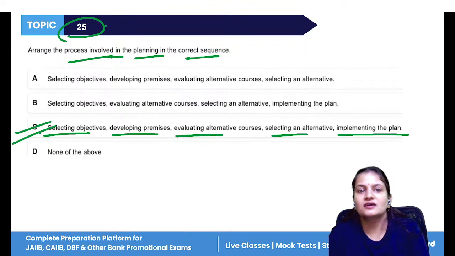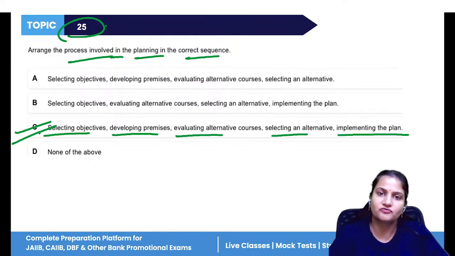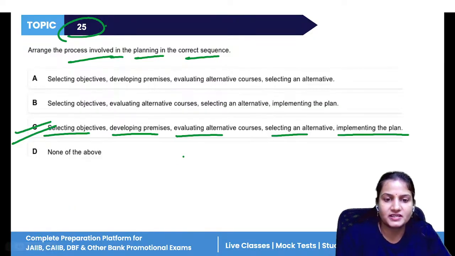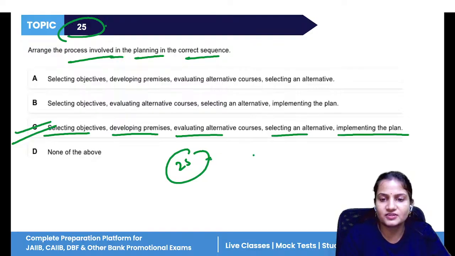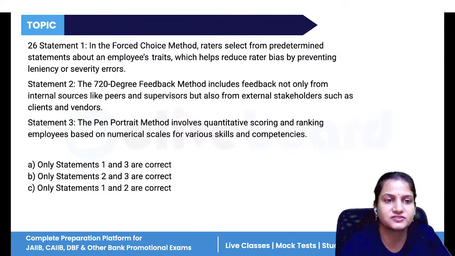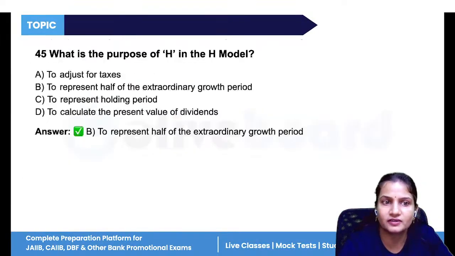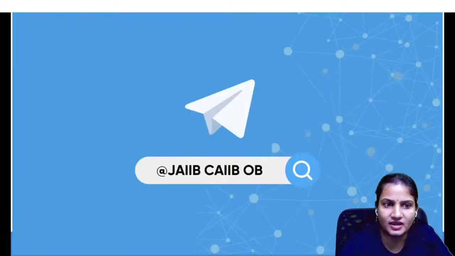So these are the steps involved in the planning process, the first function of management. So we have completed till question number 25. In the next part, I will start with question number 26, and then module D will be started.